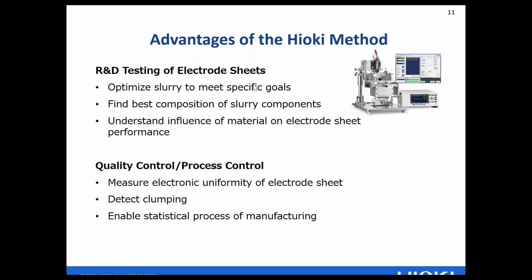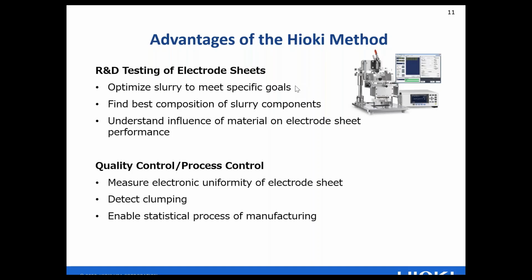So we can use that tool actually to understand if you met the goal very early in the process. You don't have to build the whole battery to understand if you will have a successful product at the end of the day. That's what this tool helps you with.